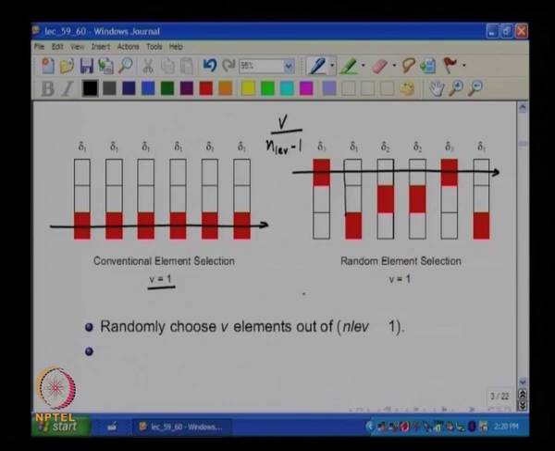For example, here T1 is 1 0 0 0 1 0, alright. It is a 2 level waveform whose average value is the same as V by n level minus 1, right. Apart from this average value, it has some other waveform, and that other waveform happens to have a white spectrum. So, in the presence of mismatch, a part of that white spectrum comes through, okay.